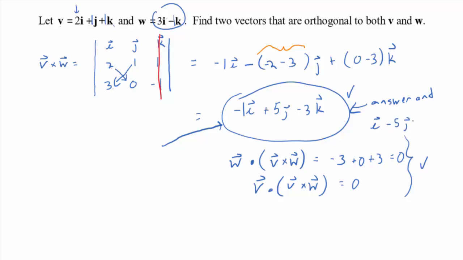Minus 5j plus 3k. So we could take that guy as well. They're different vectors, right? Of course, the only difference here for the second one is it points in the opposite direction. It even has the same length as v cross w. And if those were in component form, that would be fine as well.